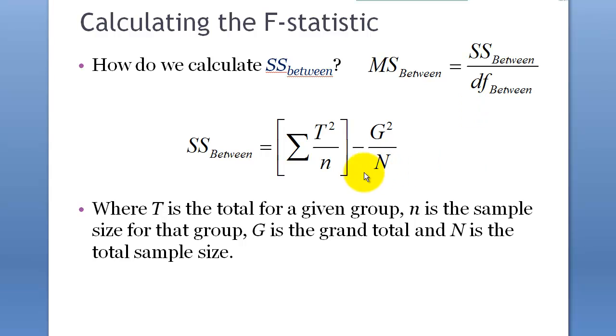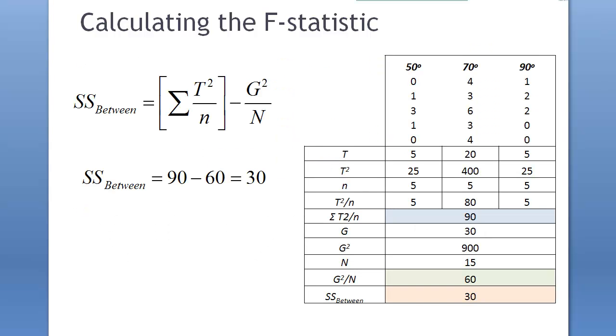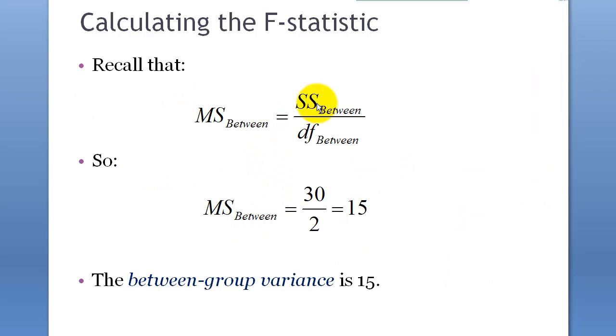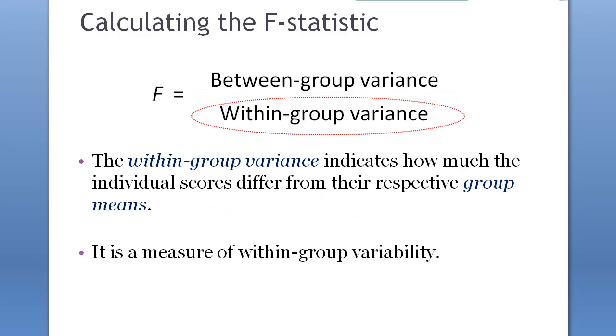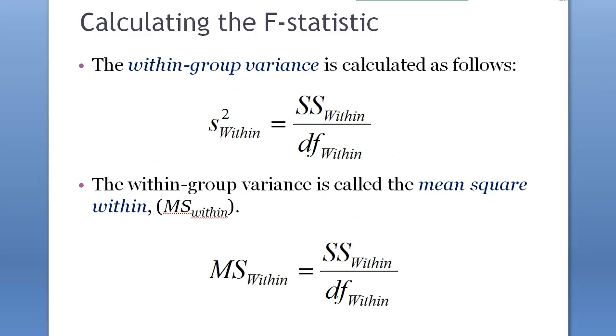This is how you do it. That kind of makes sense though. Anyway, that's going to be a different video. Based on this formula, the sum of squares between is going to be 30. Between group variance is the sum of squares between divided by the degree of freedom between, so 15 in this example.